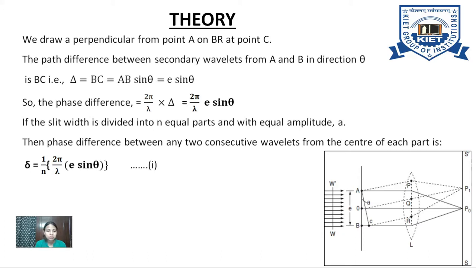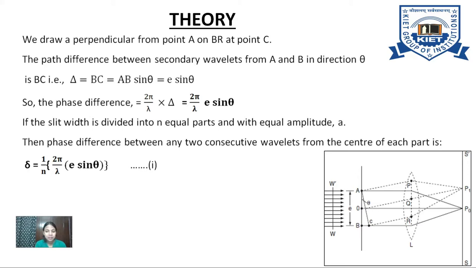Simple trigonometry can show that BC is equal to AB sine theta, but AB we've considered as e, so this becomes e sine theta. The path difference here is e sine theta, and therefore the phase difference, which is equal to 2 pi upon lambda into path difference, is equal to 2 pi upon lambda into e sine theta.